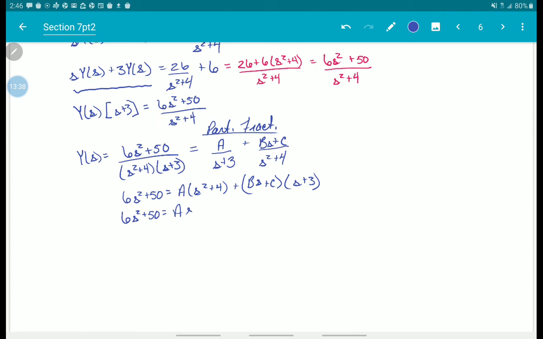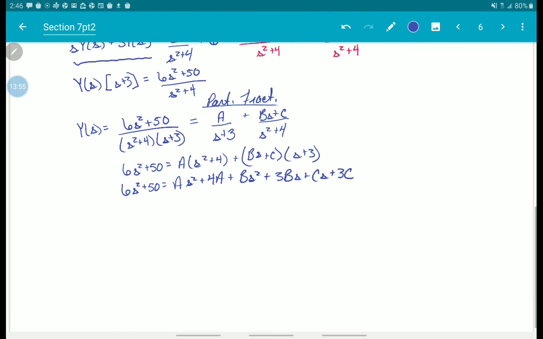So we have As squared plus A times 4 plus Bs squared plus 3Bs plus Cs plus 3C. So now we're going to compare coefficients on the left and on the right. If I look at s squared, I have a 6 on the left, A plus B on the right.